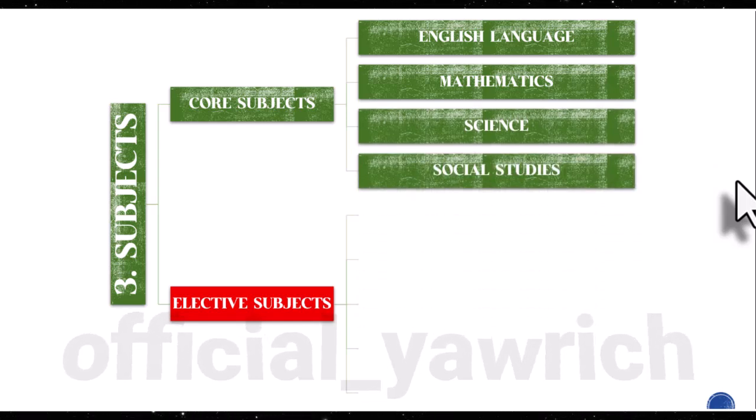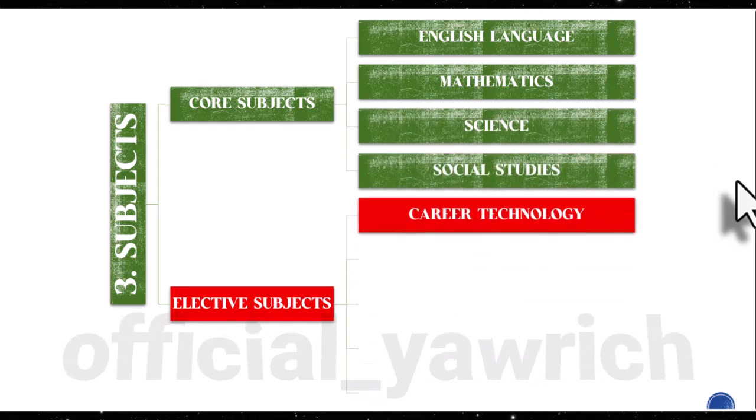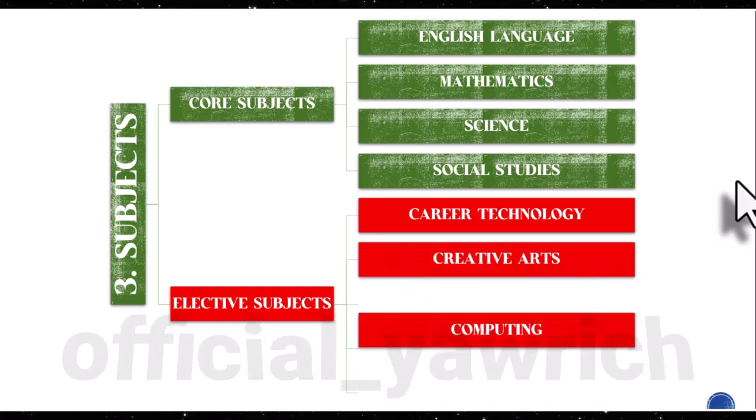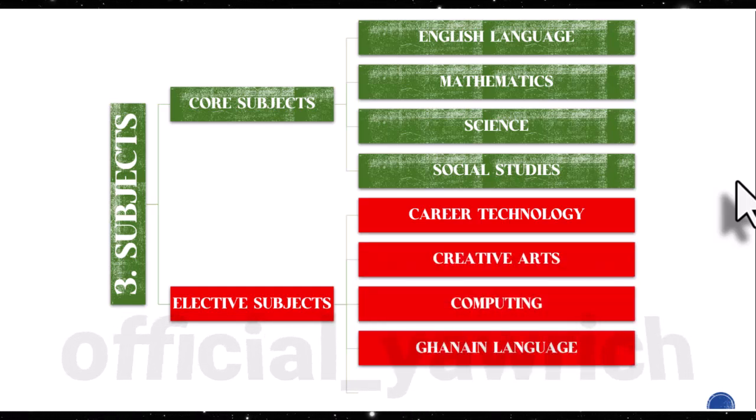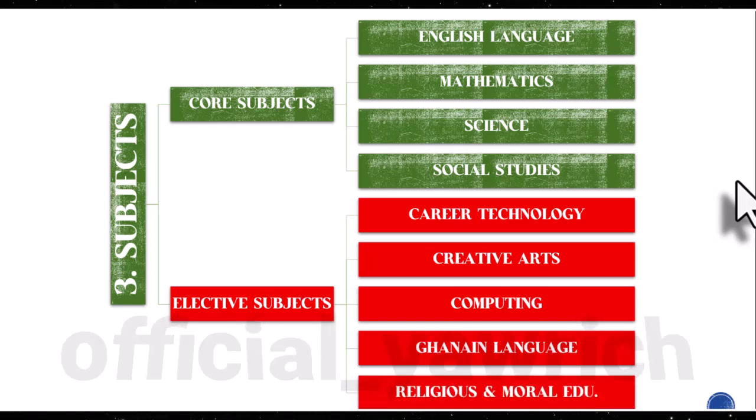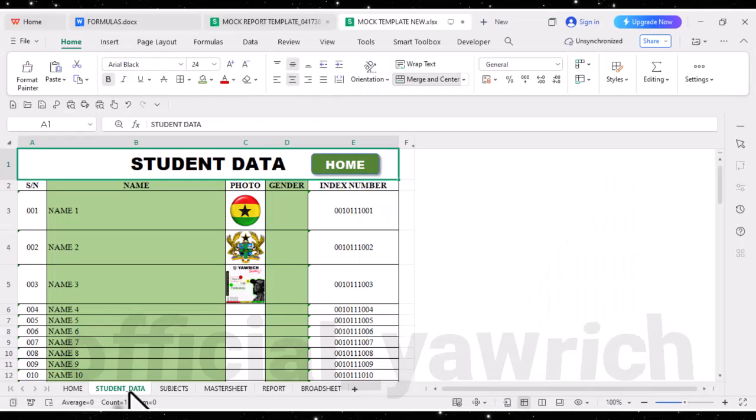These are the core subjects. And we have other subjects which are the electives: career technology, creative arts and design, computing, Ghanaian language, and religious and moral education. So if you offer French and Arabic, you can add that one to it.